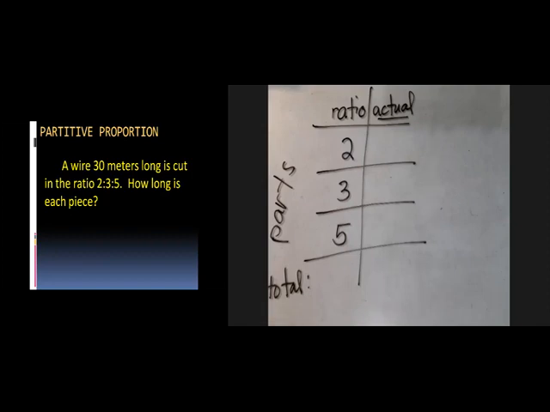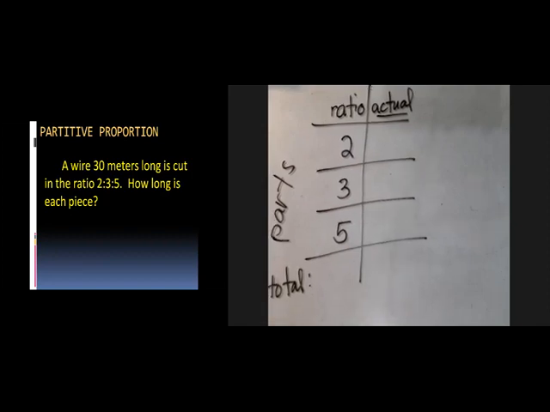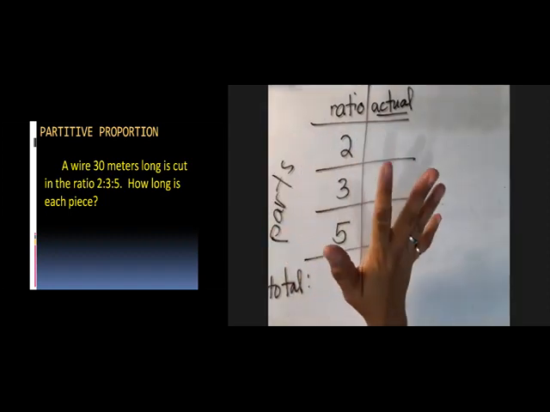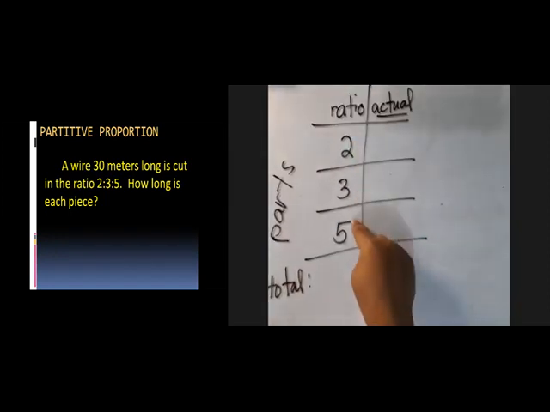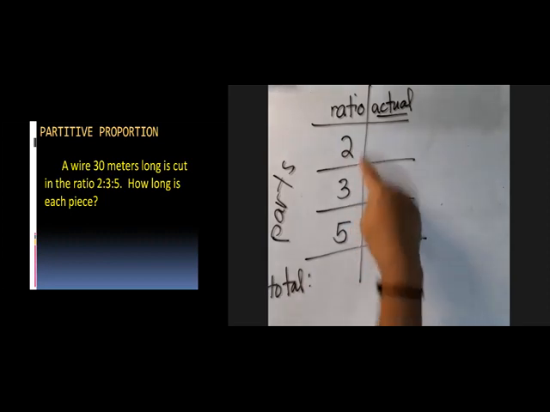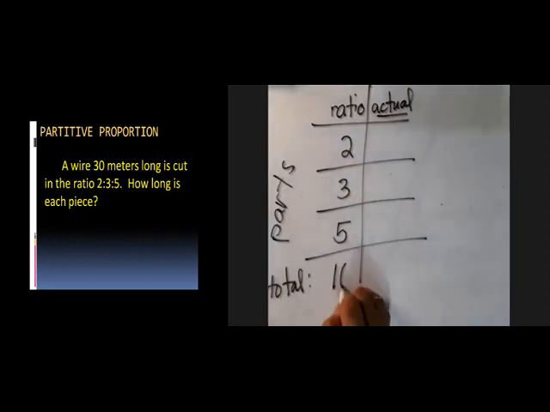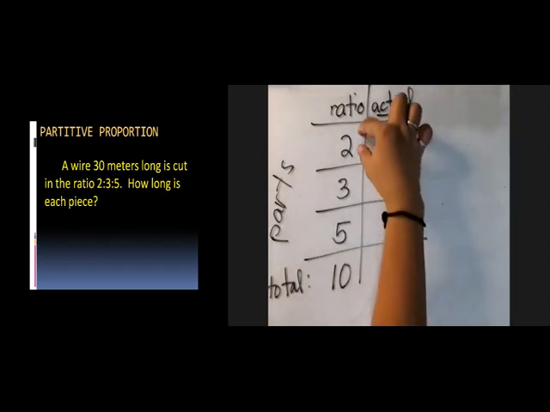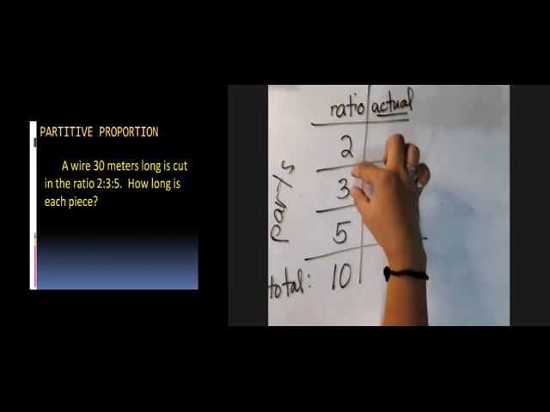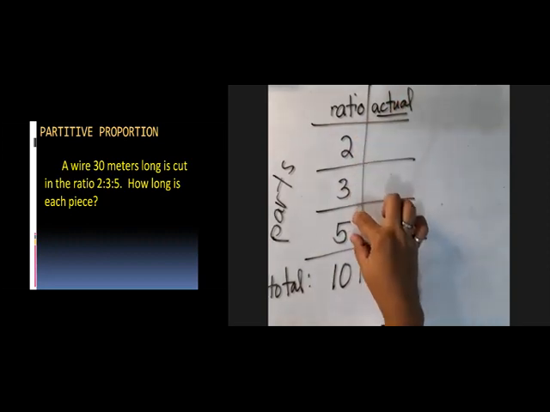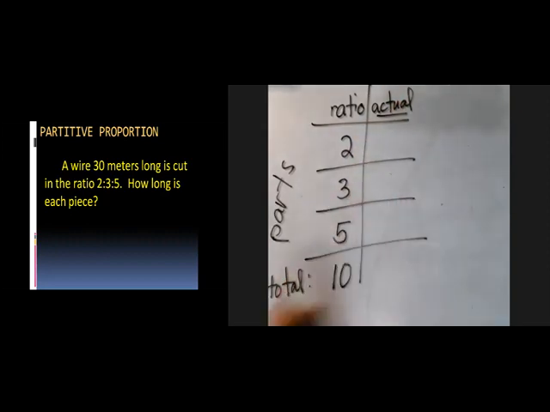So, to solve this particular problem, the first thing to do is to add our terms, yung 2, 3, and 5. So, 2 plus 3 plus 5, that is 10. Ibig sabihin, the wire is cut into 10 certain lengths. Tapos, yung dalawa doon, ibibigay natin dito, yung tatlo dito, yung 5 dyan. So, ganun yung pagkakahati niya.